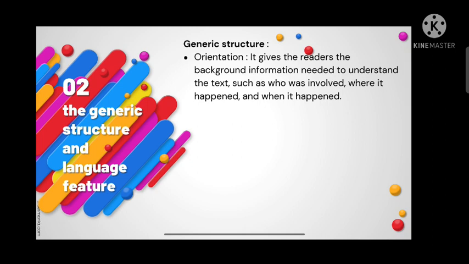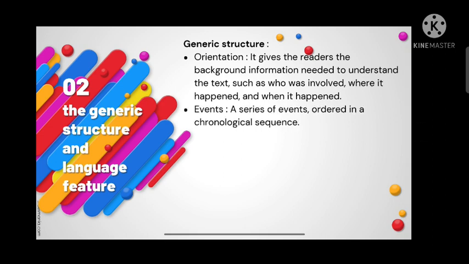So it's basically like the introduction in the beginning of your story. It includes the information about who is involved, maybe it is you, maybe your family, or maybe someone, and where it happened and when it happened.